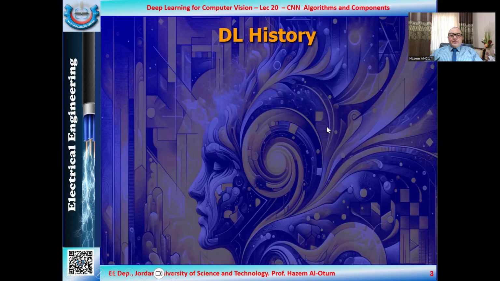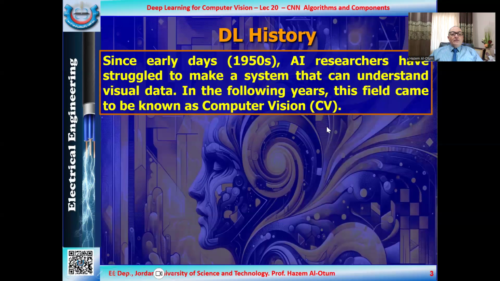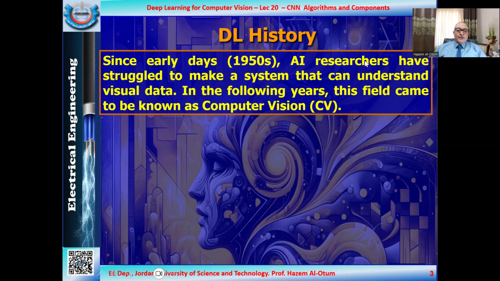We'll start with some historical background. In fact, since the 1950s, there was an attempt in AI research to struggle to make systems that can understand visual data. The success was very poor, and it was a long time before the new achievements of the last one or two decades.